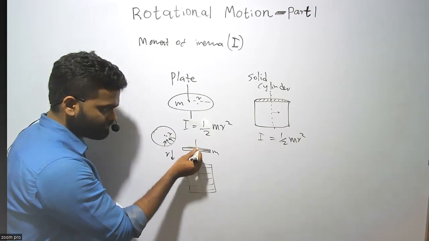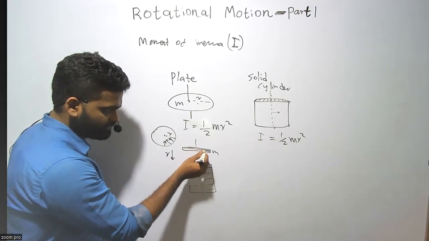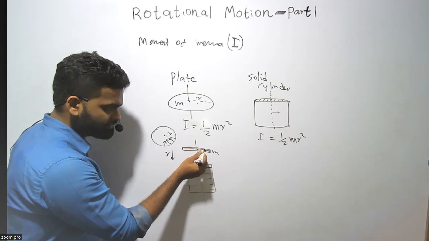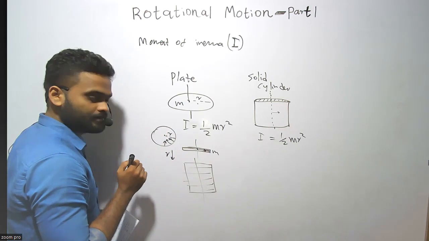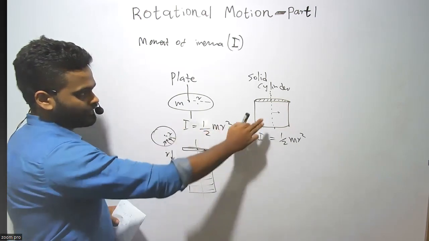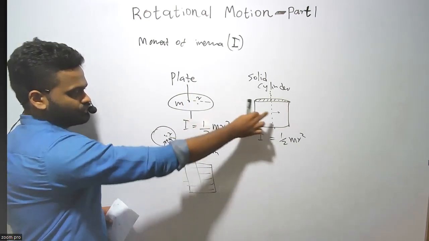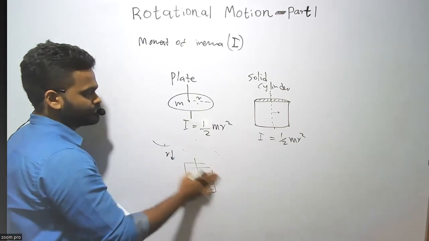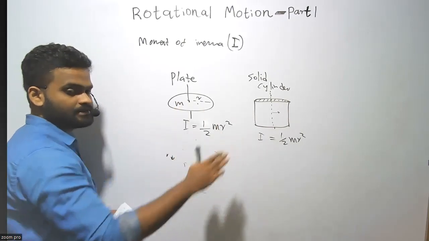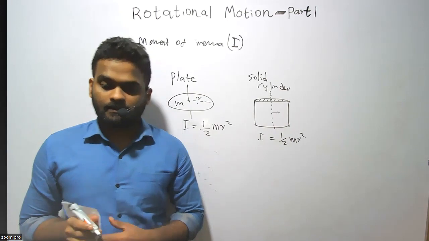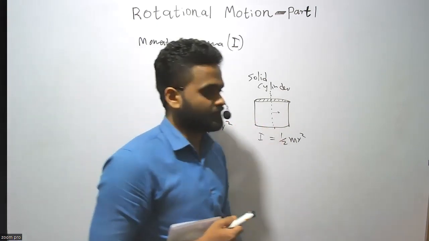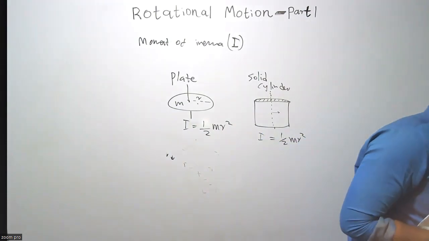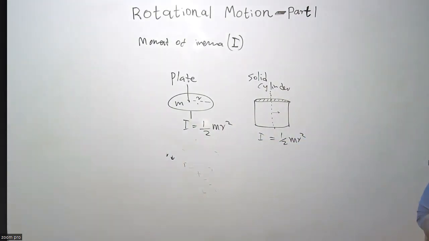You can see the normal distance to each particle is the same here, and here too. Got it? Just take these two down. You need to remember these equations. Sometimes they don't provide the equation, so you need to remember them for these specific objects.